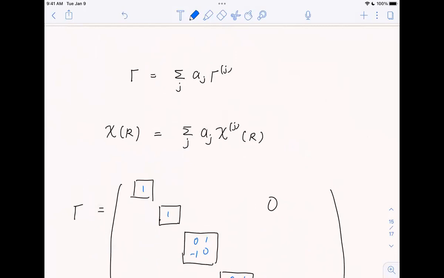So we are going to get this a. How do you get it?